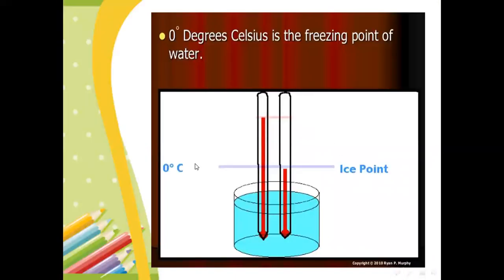Here you see the freezing point on Celsius is 0 degrees centigrade. 0 degrees centigrade is the freezing point of water, and 32 degrees Fahrenheit is the freezing point of water.